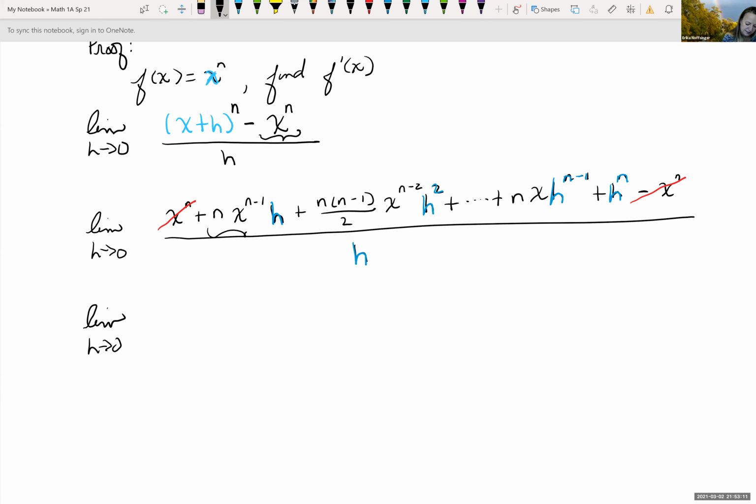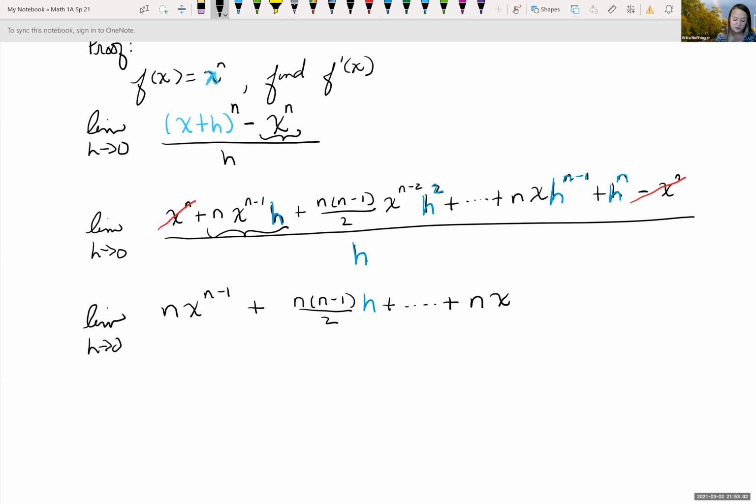For the first piece, if I pulled out that h and canceled it with the denominator, I have n times x raised to the n minus 1, plus I would have here this n times n minus 1 all over 2. And then I pulled out an h from the h squared, so I'd have a single h, plus dot, dot, dot, plus n times x.